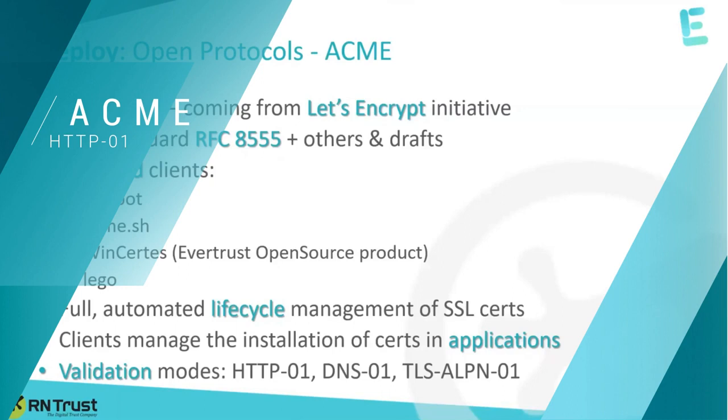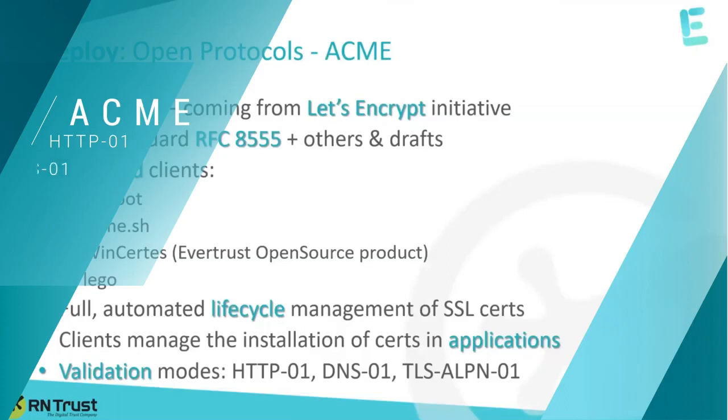One is HTTP. You prove that you own the server because you run the program on the server, make a custom directory with a custom file there, and the PKI verifies it. So that's your server and you own it.